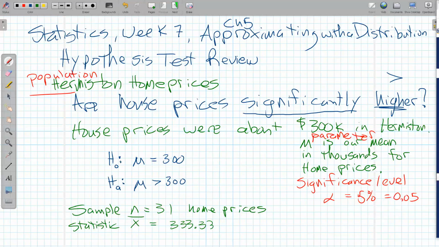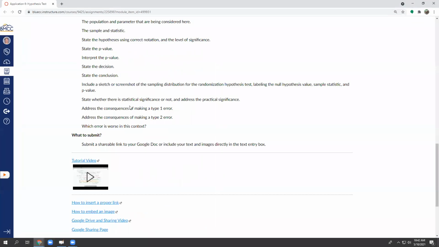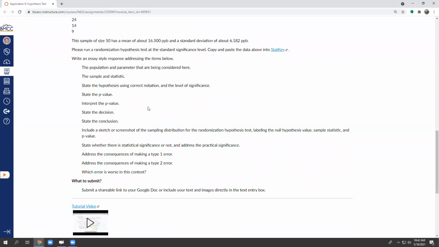So I'm looking over what I asked you to write about: population, parameter, sample, statistic, what are the hypotheses, what's the p-value, what does the p-value mean, what's your decision, what's your conclusion, and sketch either by hand or the Stackkey picture. Is this significant? In this case I'm leaning toward no, it's not really significant.